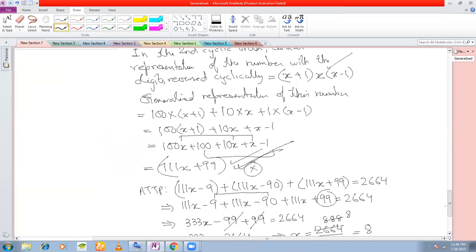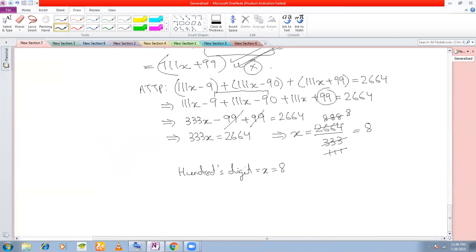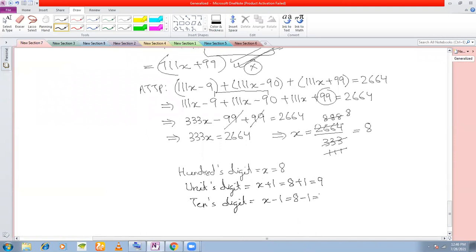Units digit is equal to x plus 1, which is 8 plus 1, which is equal to 9. And the tens digit was x minus 1, which is 8 minus 1, which is equal to 7.